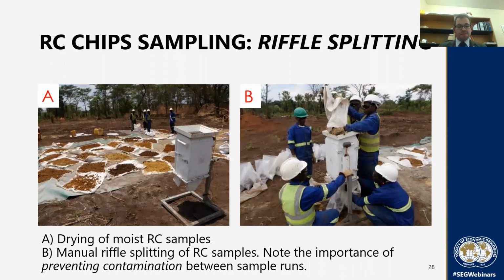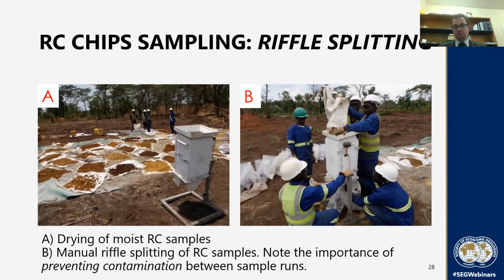And when these samples are dry, you have your technicians or offsiders running the samples manually through a riffle splitter. You can see on the bottom of figure B that there are two plastic sample bags collecting two subsamples.